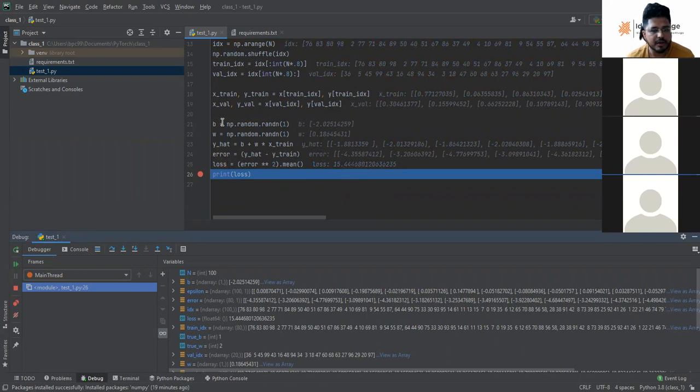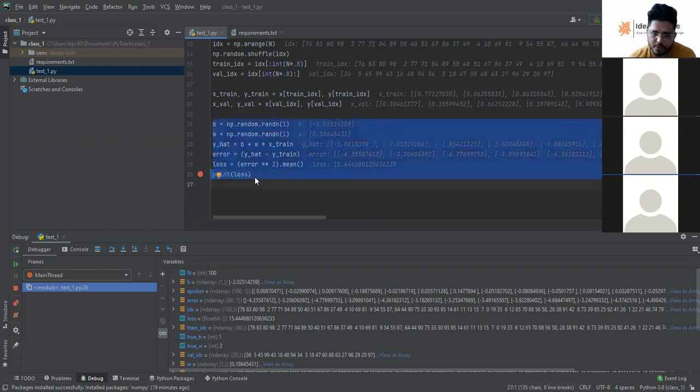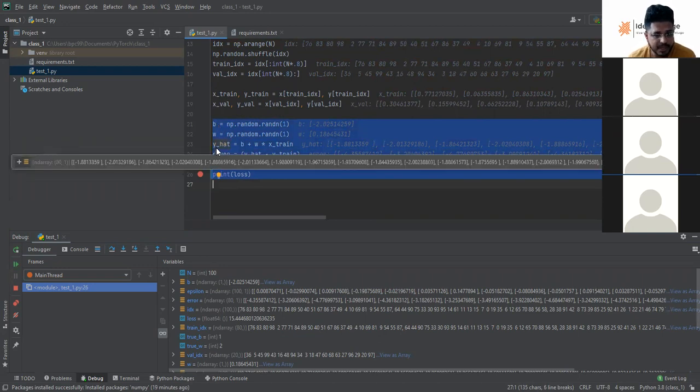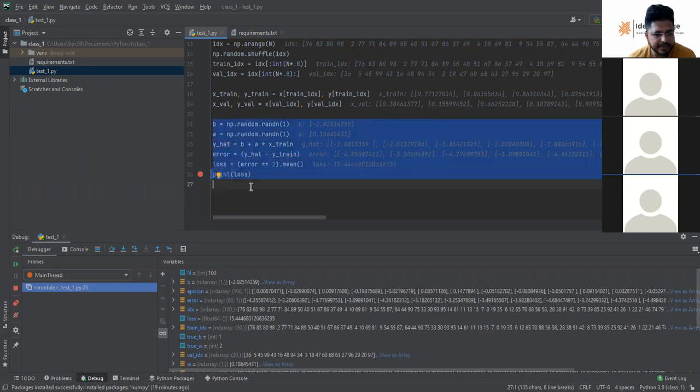Now this happened for one epoch. I started with just a random B and W, generated some y values with that, calculated the error, and printed the loss.